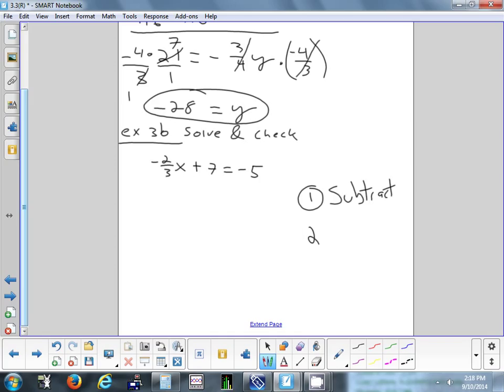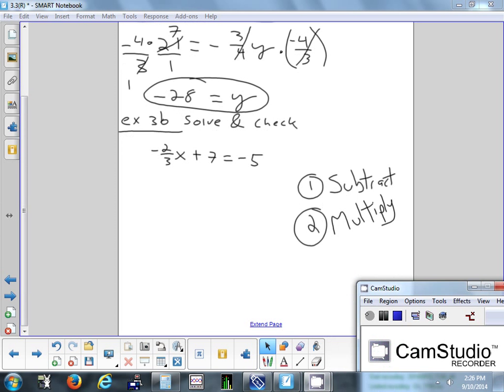My second step is going to be what? Once I do that, I get to the last part, to solve. What's the last step in my two-step? I'm going to multiply. So now, ladies and gentlemen, you have the hints you need. You know you're going to subtract, and you know you're going to multiply. Now solve.